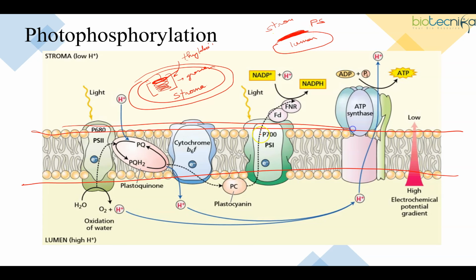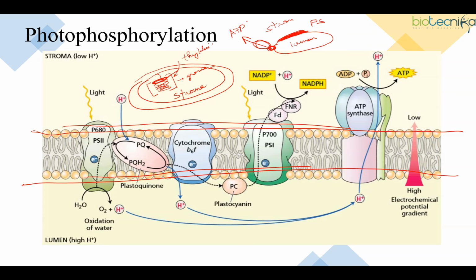What you are seeing is the electron transporting system, and here itself the F0 F1 particle is present, but the F0 F1 particle faces the stroma. So ATP is released into the stroma.